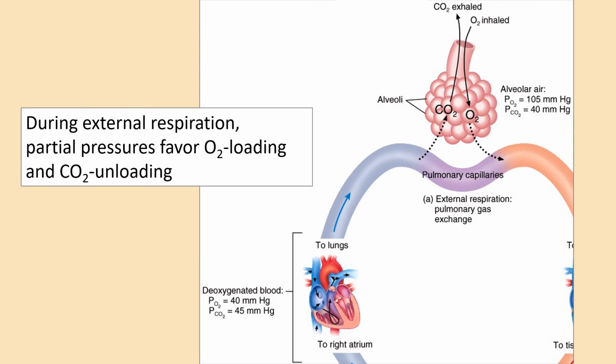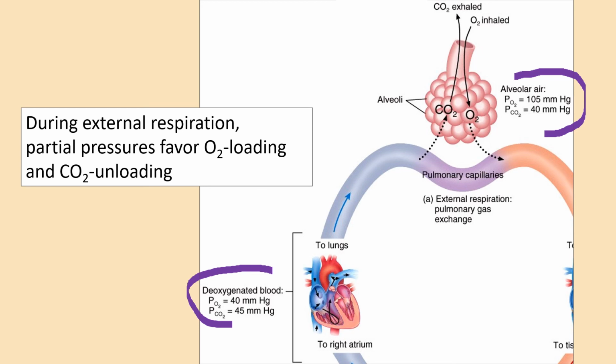Here we're zoomed in on the upper left region of the diagram in the previous slide, and we can examine partial pressures of oxygen and carbon dioxide in the context of external respiration, gas exchange that occurs in the lungs. That gas exchange is going to occur between alveolar air and blood that flows through pulmonary capillaries.